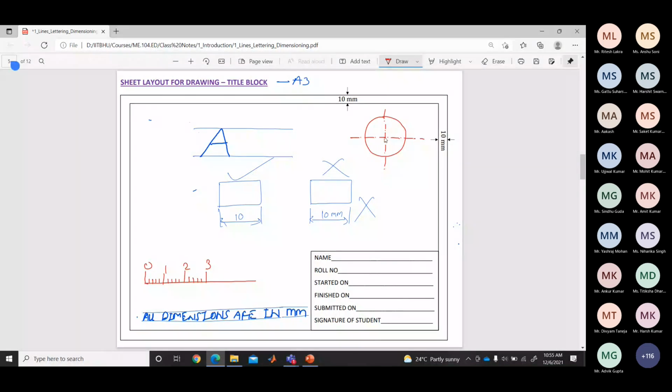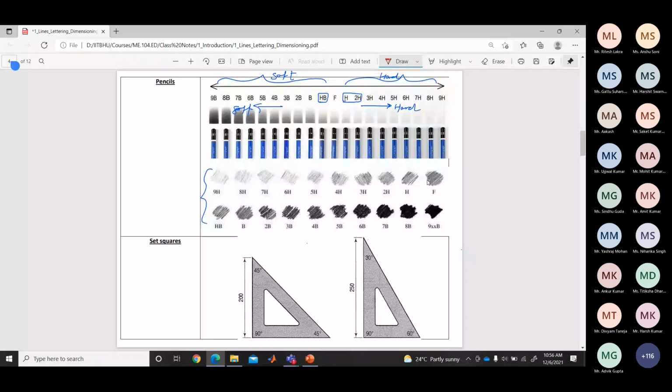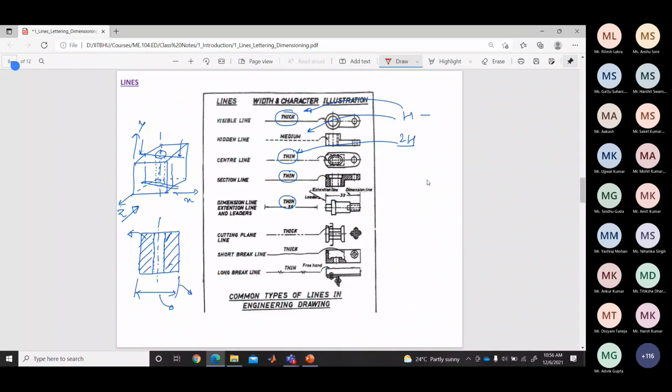The intersecting point of these two center lines is the center of that particular circle. For a circular object, we need to show this. Center lines are denoted like this: long dash dot, long dash dot.